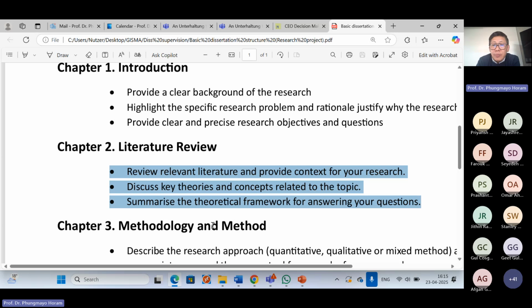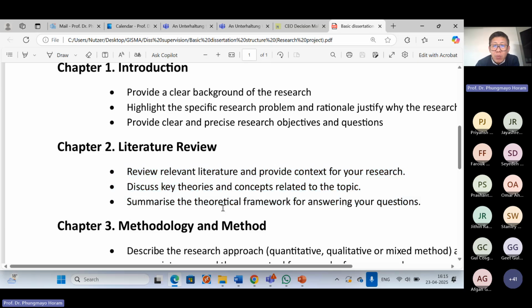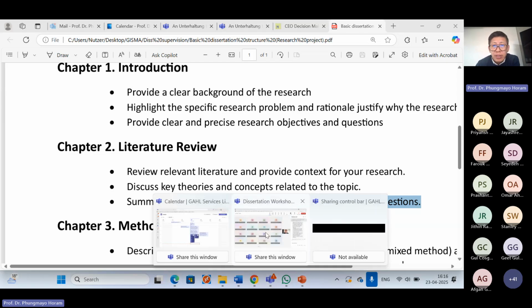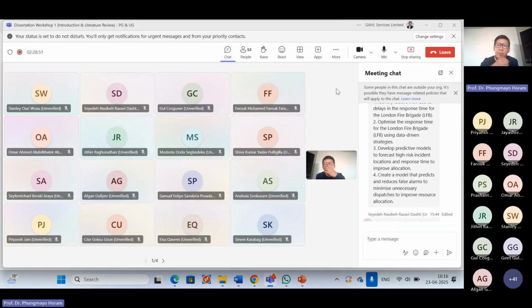Whatever topic you pick, there will always be some concept or framework that will be needed to answer your research question. So that is the main purpose of a literature review. How it looks and how to do it is something you'll have to explore on your own. Okay. Are there any questions?